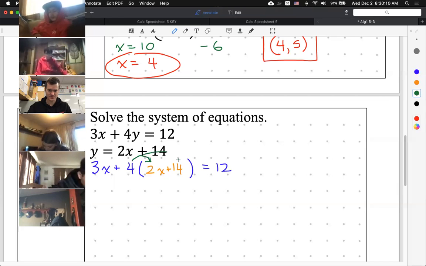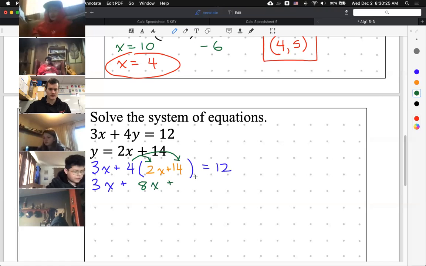Okay, and what is that when you distribute? That would be 8x plus 56. 56. Cool, thank you. I'll rewrite the rest of this is equal to 12.